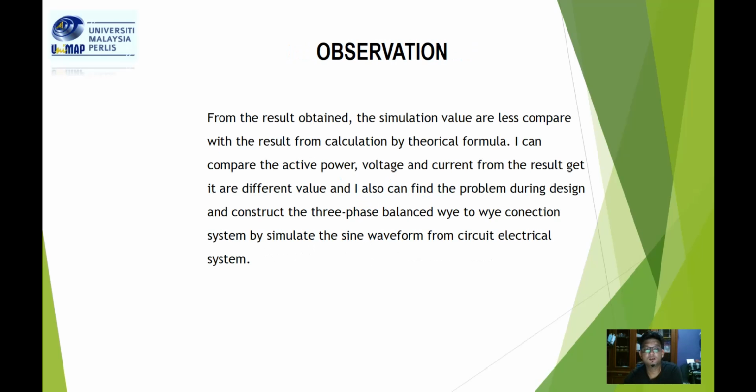From the result obtained, the simulation values are less compared with the results from the calculation by the theoretical formula. I can compare the active power, voltage and current from the results, which give different values, and I can also find problems during design and construction of the three-phase balanced Y-to-Y connection system by simulating the sine waveform from the circuit electrical system.